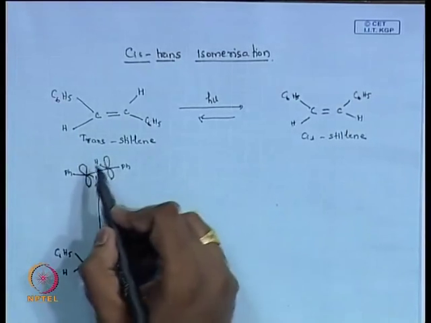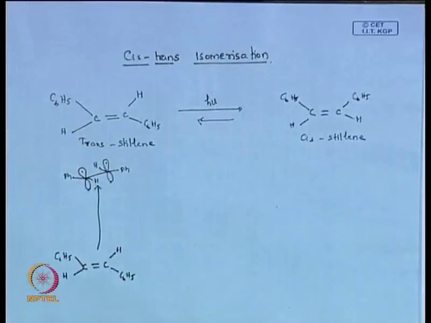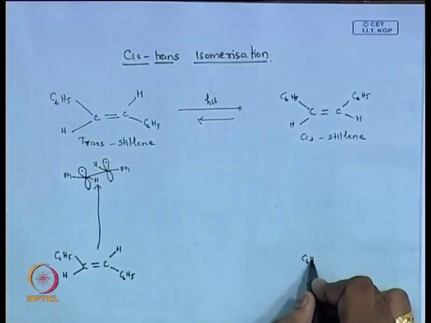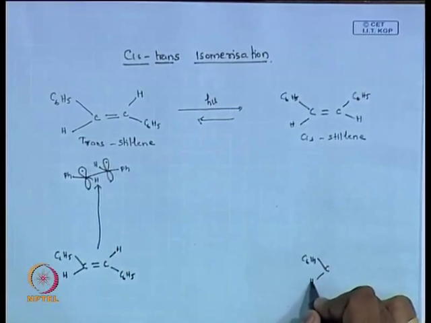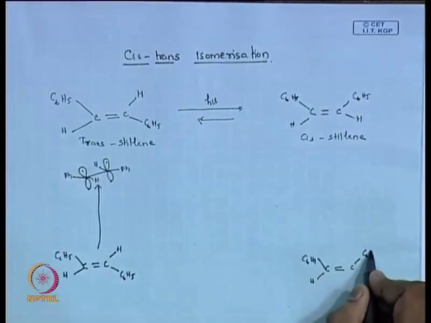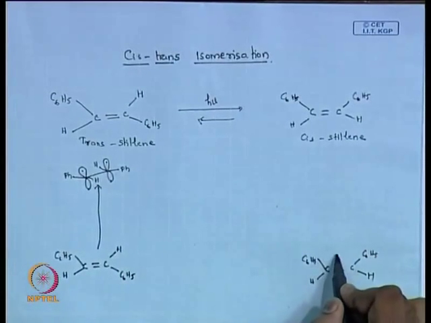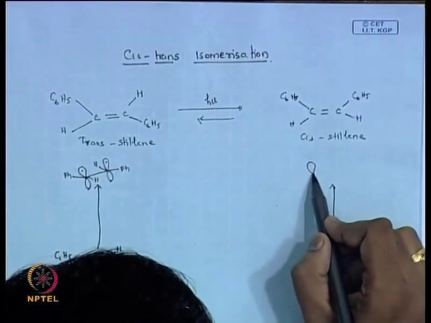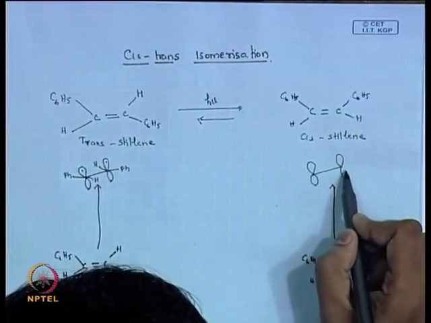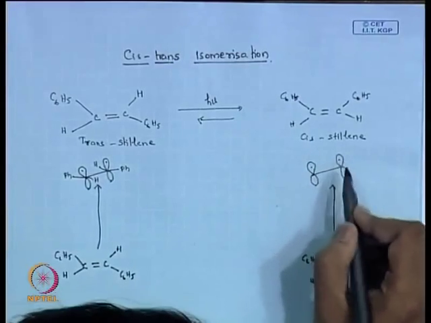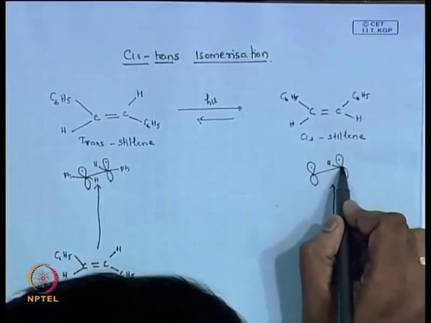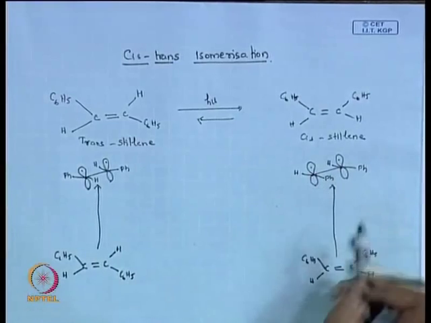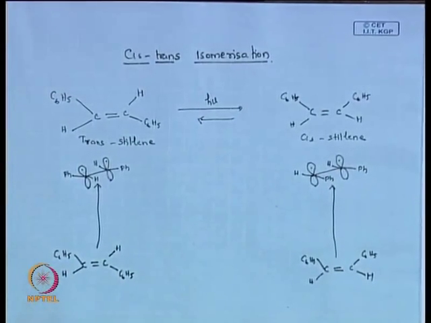So, I get it like this if the system has trans. You think if the system has a cis, then how it will be. Then if I excite this, I get two types like this if you have a cis and trans, right.